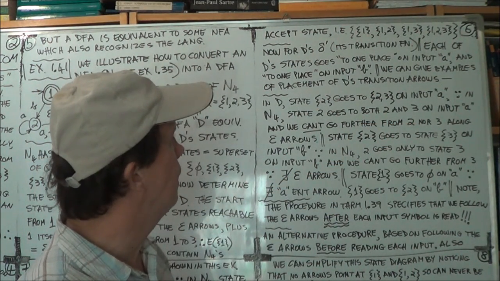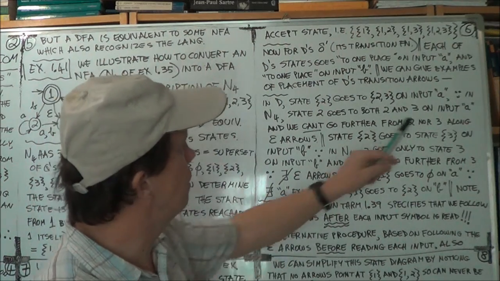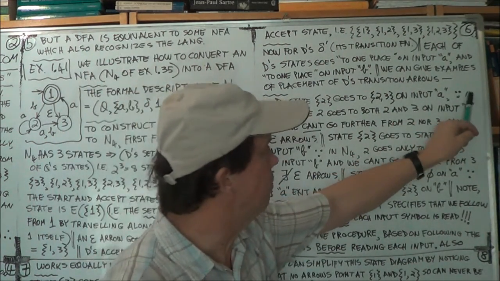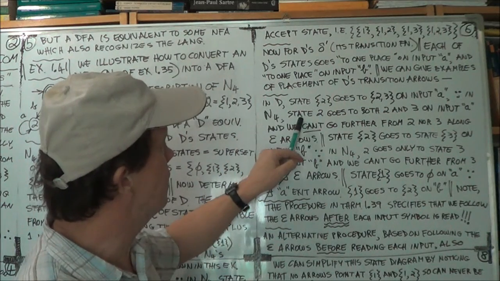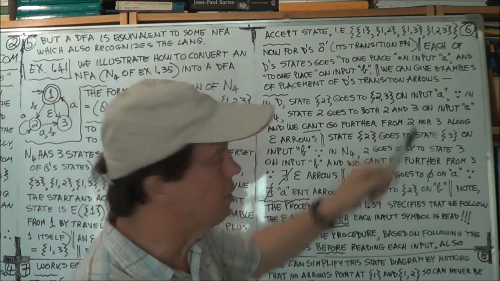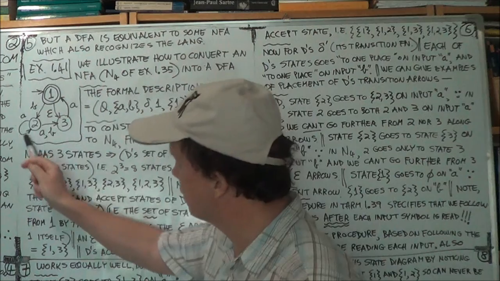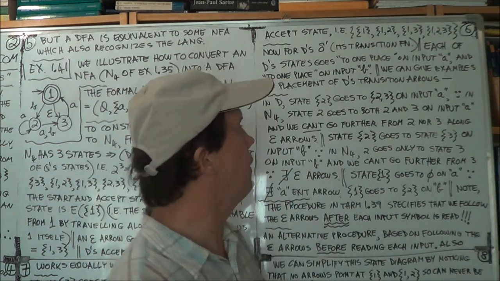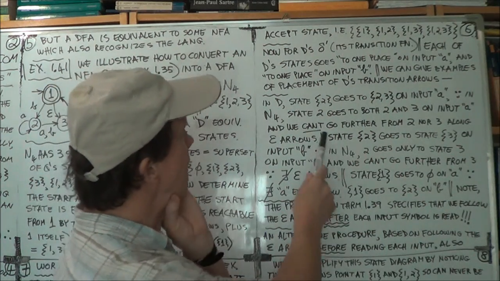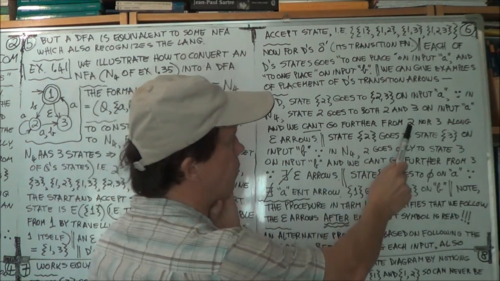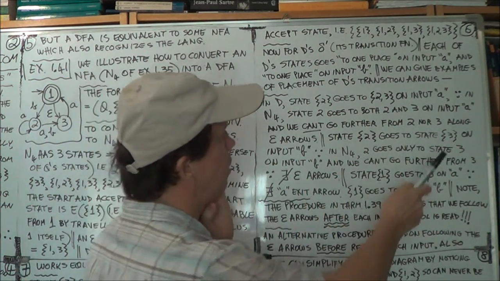Okay. And why? Because in the NFA, state 2 goes to both 2 and 3. Well, you can see that. 2 goes to 2 and 3, right? On input A. And we can't go further from 2, nor 3.